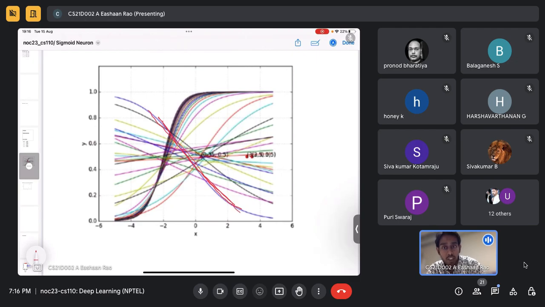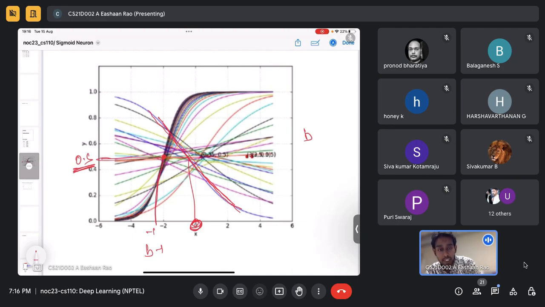Now for the intercept, we talk about when x is equal to 0. The b value comes when the output is 0.5 for a particular model. In this case it might be 0, but in another case 0.5 may be at minus 1, so b will be minus 1.